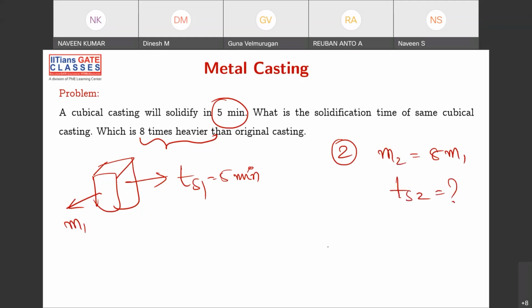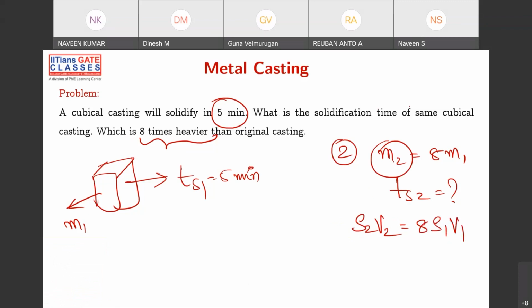You have to do some calculations. m2 is rho 2 into v2, density into volume, that is 8 into rho 1 into v1.